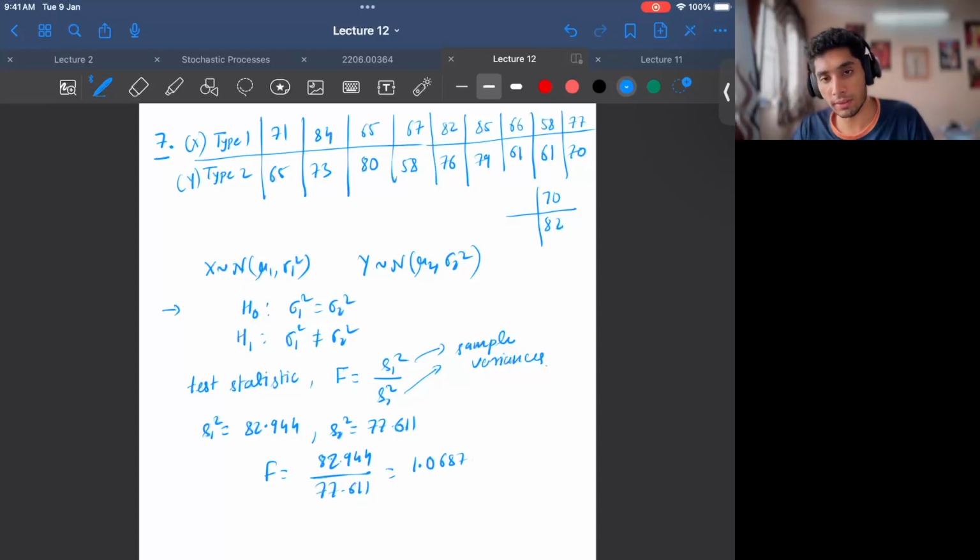However, in this question, we had to compare the variances. And whenever you have to compare the variances, you need to look at the F distribution. That is the main point. The test statistic is just the ratio of the sample variances. That's all from my side for today.